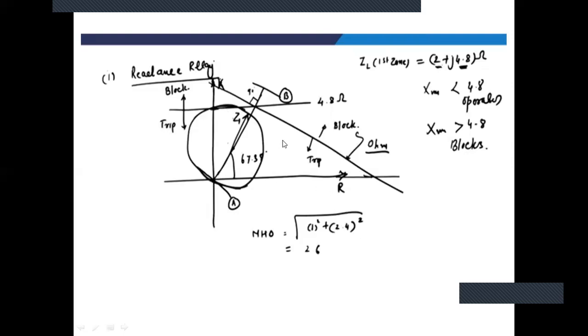In the R-X plane, R is the value 1, and X is 2.4. And you can see this is the whole diameter of this circle over there.